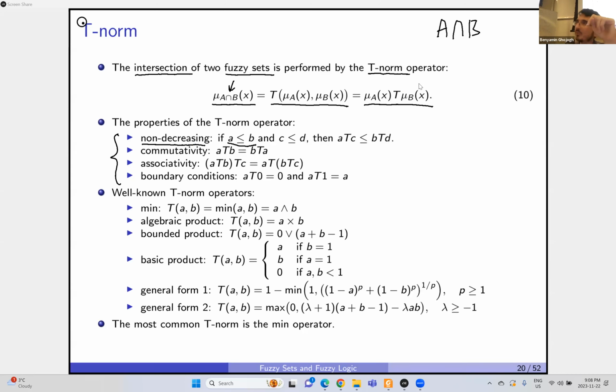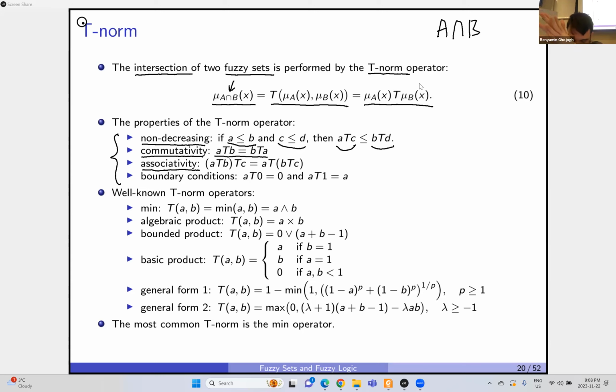If A is less than or equal to B and C is less than or equal to D, then the T-norm of A and C must be less than or equal to the T-norm of B and D. It should satisfy commutativity. Basically the order can change: A T B equals B T A. So it's not sensitive to order.